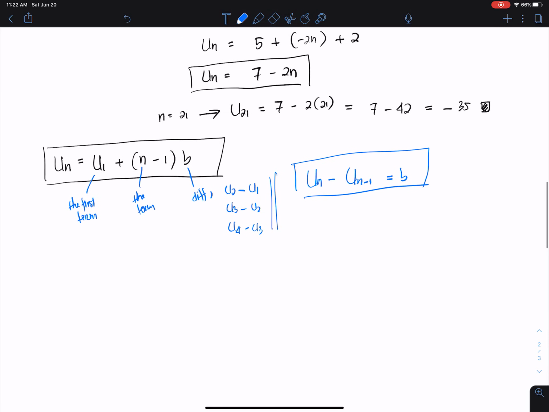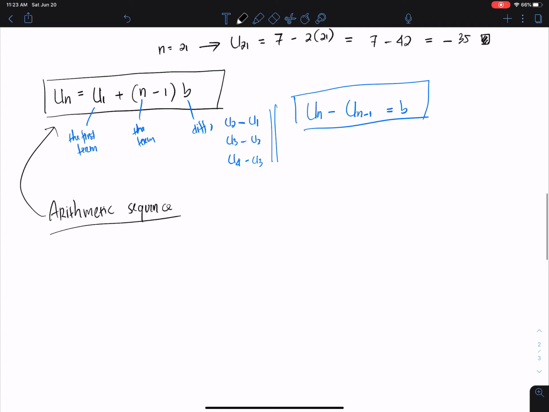Okay, so the next one is arithmetic series. We have the arithmetic sequence as we discussed earlier, which is this one, and the next one we have is what we call arithmetic series. So how is it arithmetic series?